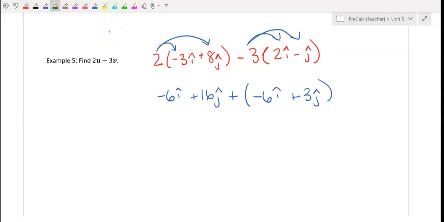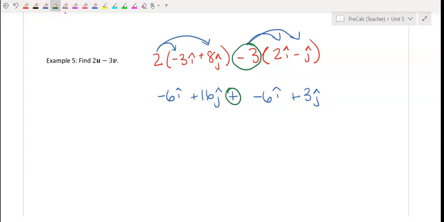The reason I did that is because I turned it into addition. I'm just doing that because I multiplied everything by negative 3. If I did not multiply by negative 3 and instead multiplied by 3, then I still would have a subtraction sign to distribute. But since I've distributed everything and I've turned it into addition, I don't even have to worry about these parentheses anymore. They could just disappear just like that.